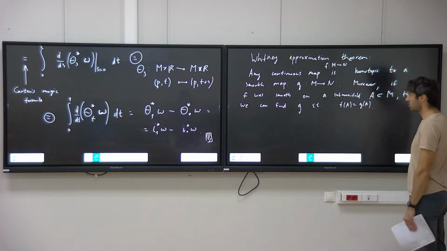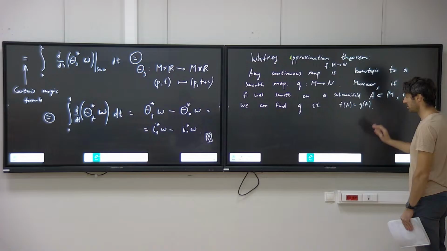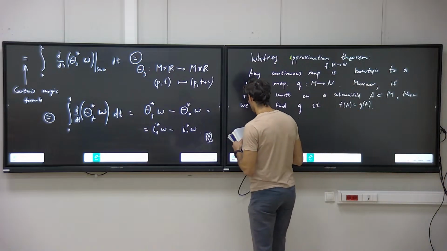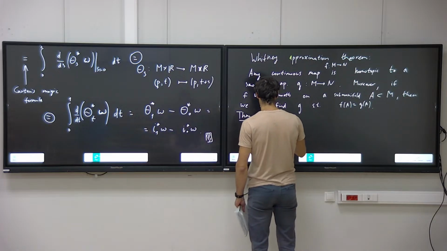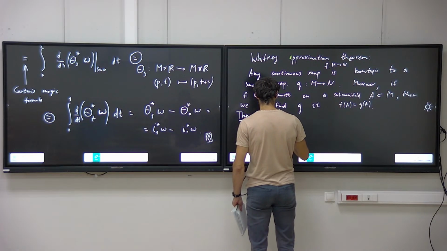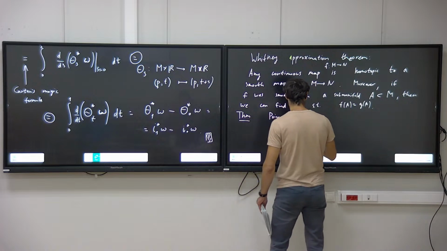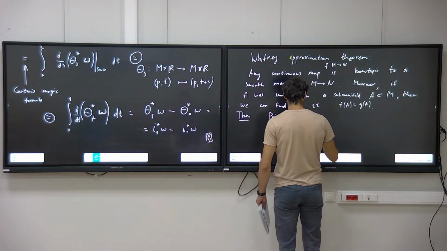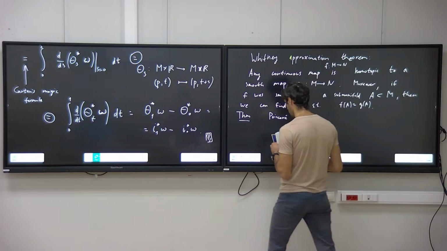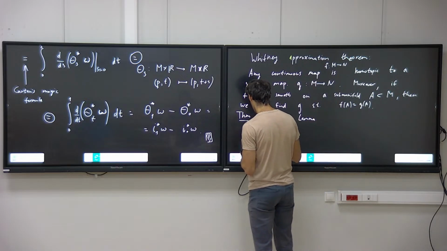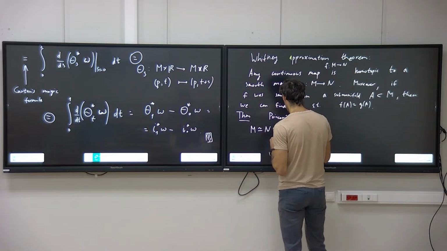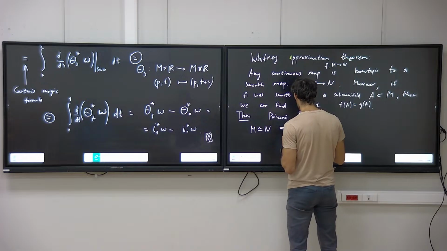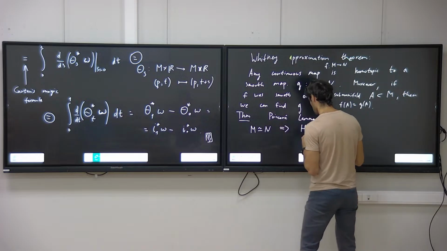So now we're just going to apply it and formulate the Poincaré lemma, which says that suppose that I have homotopic manifolds M and N, then their de Rham homologies are isomorphic.